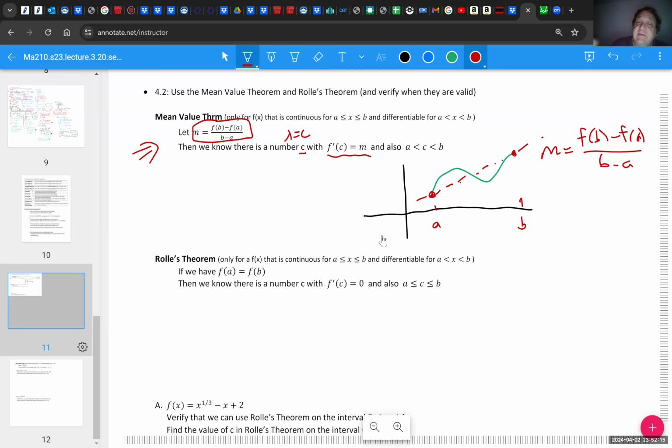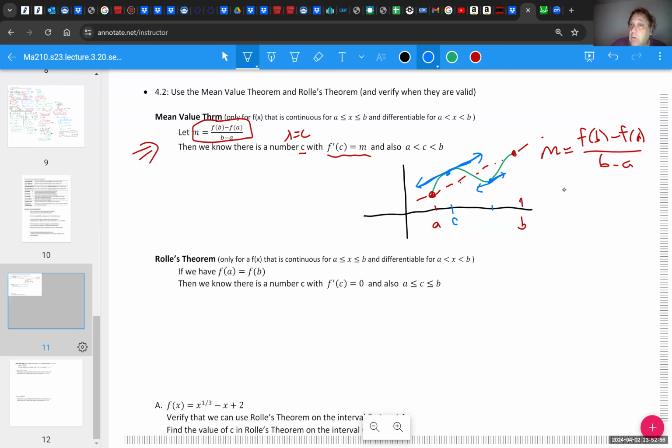And all the mean value theorem is trying to say is that somewhere along here, there's some value of C, let's say here would be the value of C, where the tangent line slope is exactly parallel, or the same as the slope through the endpoints. And that's just guaranteed, that we have some place. It can happen more than once. Maybe over here is another place where we would have another possible value. So there's not just one value of C, but C has to be somewhere in the interval. We guarantee we can find a derivative, a tangent line slope, which is exactly equal to the slope through the endpoints. So that's what the mean value theorem is saying.